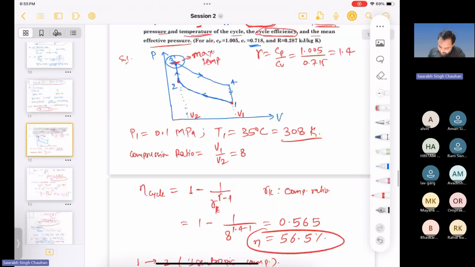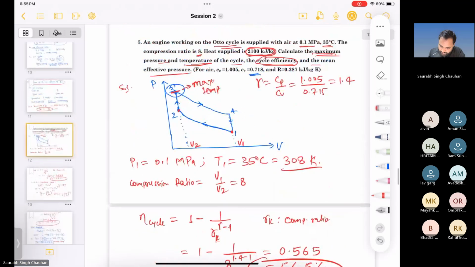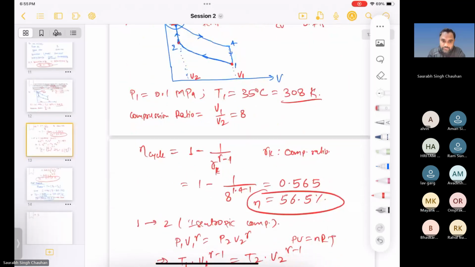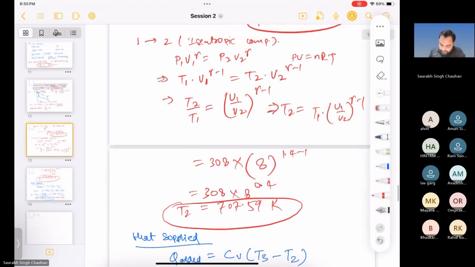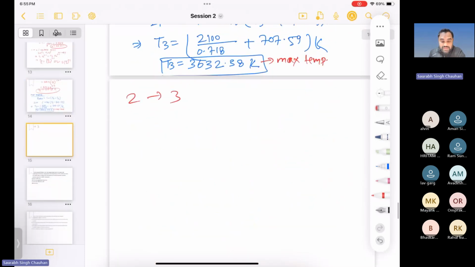At point 2, we can also use the ideal gas equation. Can we use the ideal gas equation? PV equal to mRT, yes, we can use that, right? m is anyway not changing, correct?